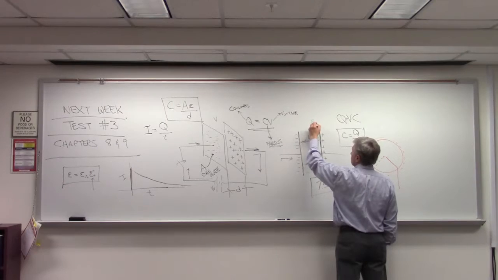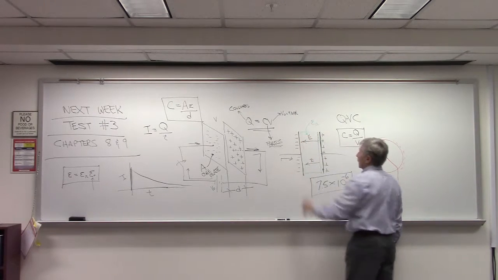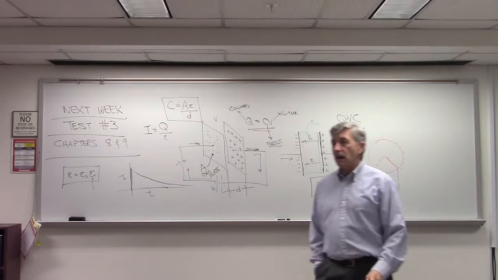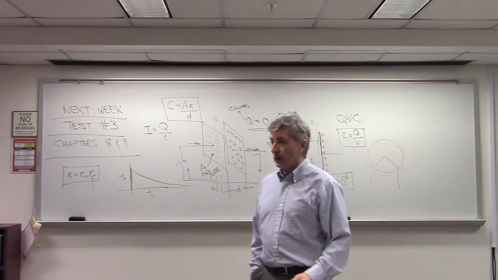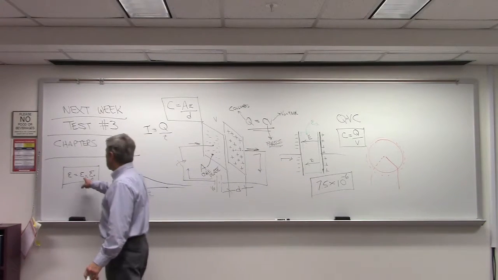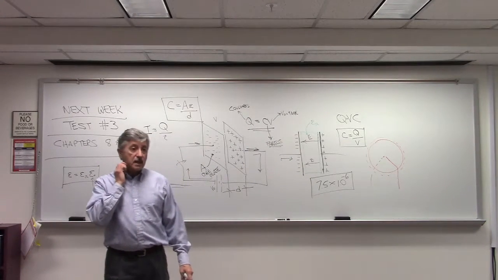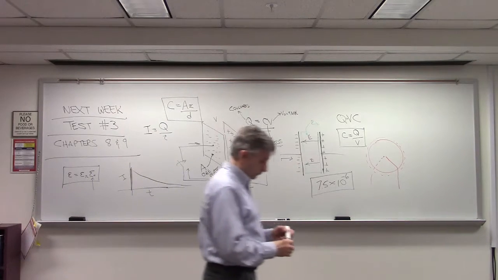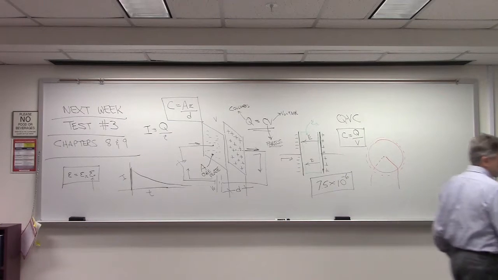But whatever that is, it would have a certain permittivity. Table 9-3 in your book has what is called the relative permittivity of a variety of materials. I think that's right, 9-3.